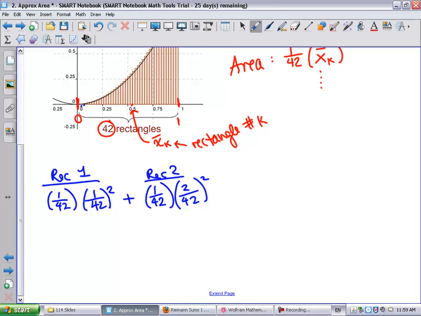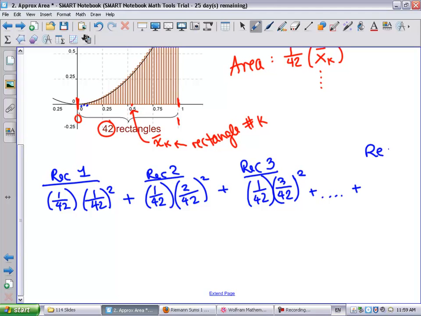That would be the point you'd be plugging in, plus rectangle 3 would be moving over 3 widths, so that would be 3 over 42 is the x bar. And we square it to get the height, and then we get 1 over 42 again for the width. And we just keep doing this until we get to the very last rectangle.